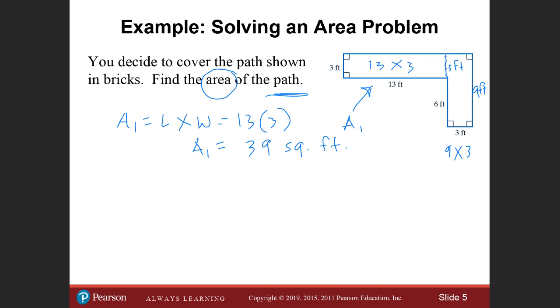Then area 2 uses the same formula, length times width. You can represent multiplication with x, or just put LW, it's the same. So that would be 9 times 3, and area 2 would be 27 square feet.